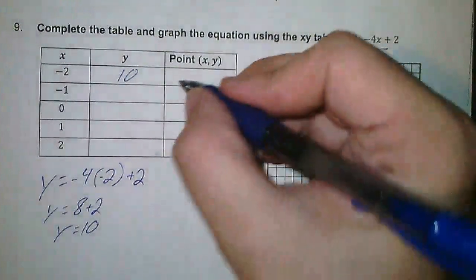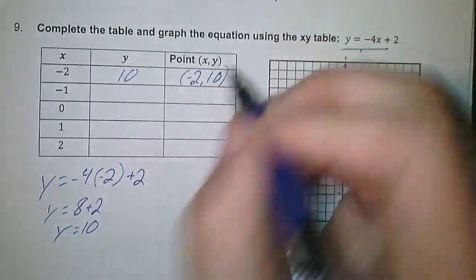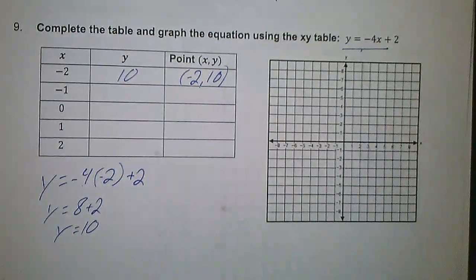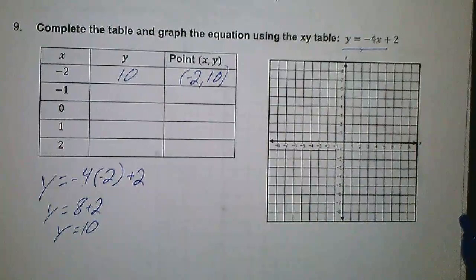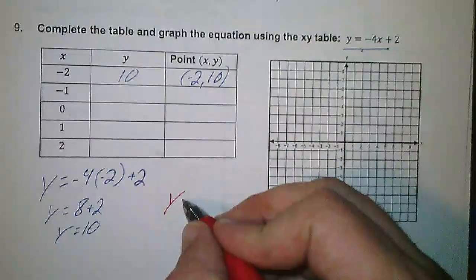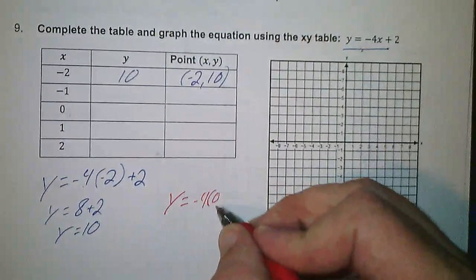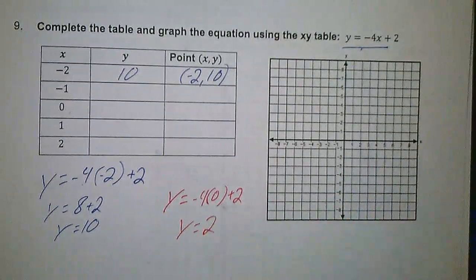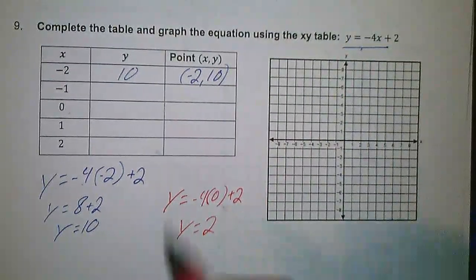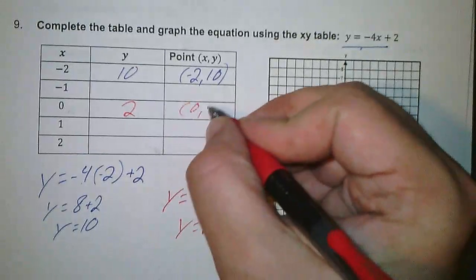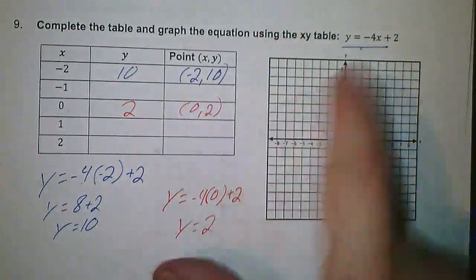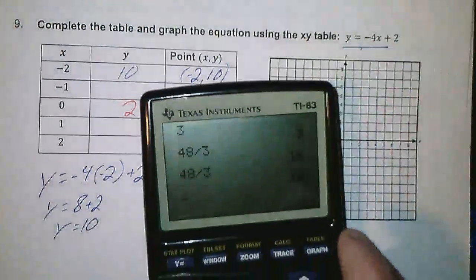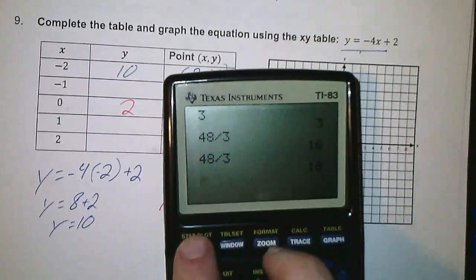As an ordered pair, -2, 10, which is actually kind of off the graph here. It's easy to test 0. That's always a fun one, because it just zeroes out the x term in this case. 0 plus 2 is just 2. So 0, 2. But we can also use the graphing calculator and go to y equals up here.